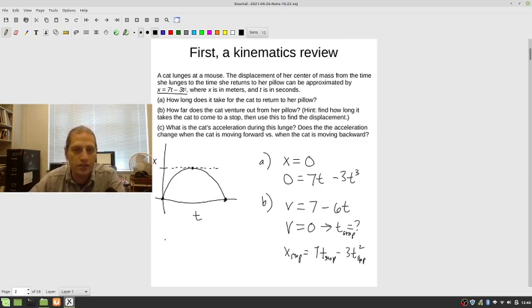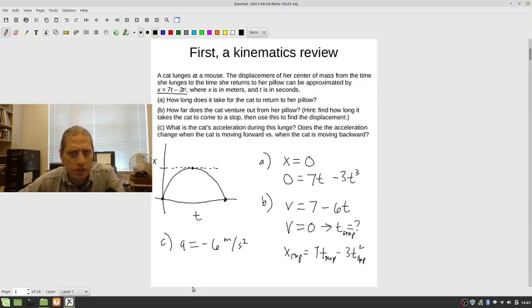Okay, and then part C, we're asking, what is the cat's acceleration during this lunge? Well, I already have v versus t, so if I want to find acceleration versus time, it would just be the derivative of that. The derivative of a constant is 0. It would just be minus 6 meters per second squared.